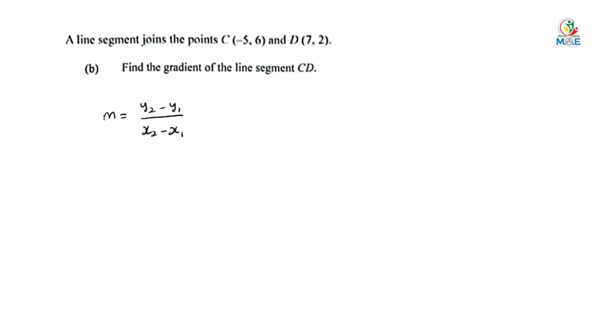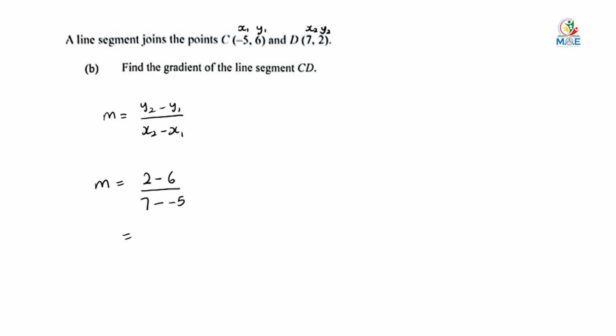So now let's label: this is x1, y1, x2, y2. The gradient would be equal to y2, which is 2, subtract y1, which is 6, all divided by x2, which is 7, subtract x1, which is -5.